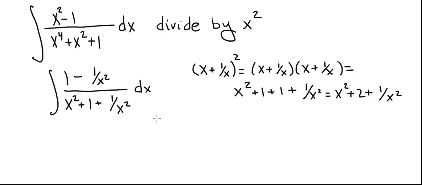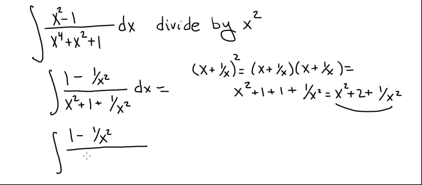Now, if we look at the denominator here, we have x squared plus 1 over x squared. It's almost x squared plus 2 plus 1 over x squared. So we can do something about that. We can rewrite it as 1 minus 1 over x squared divided by, we just need an extra 1. So let's do that. X squared plus 1 over x squared, I can't just add 1, that would change the problem.